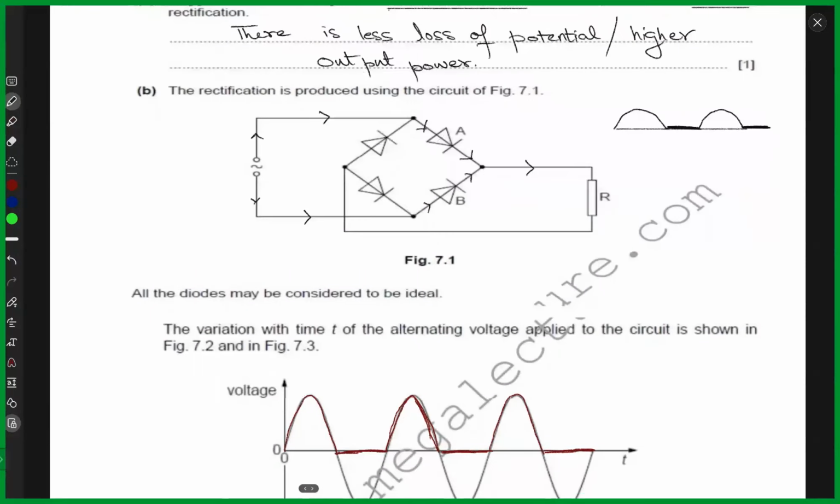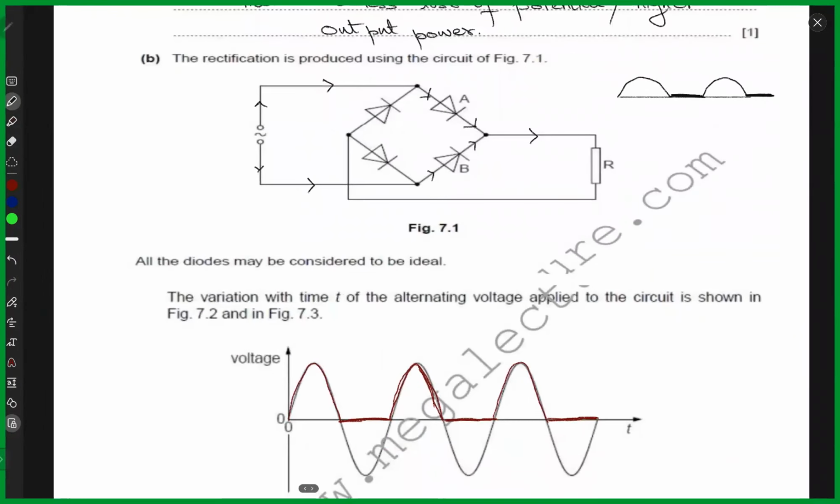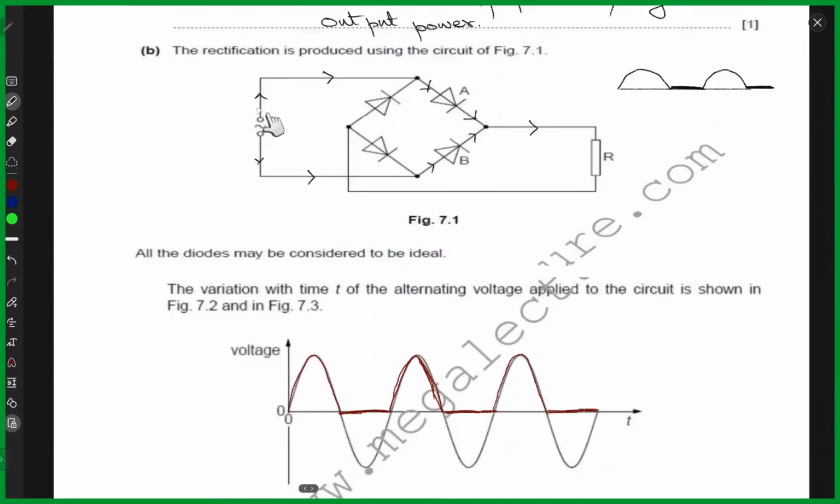Okay, so for diode B, what happens? If the current flows in this direction, the upwards direction, it goes through A and goes directly to the resistor R, and does not go through diode B. When the current flows in the opposite direction, remember the current has flipped direction.